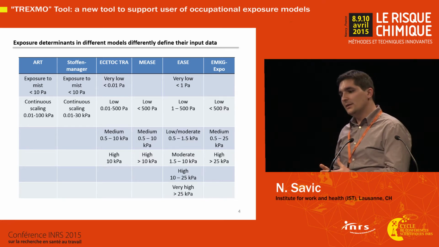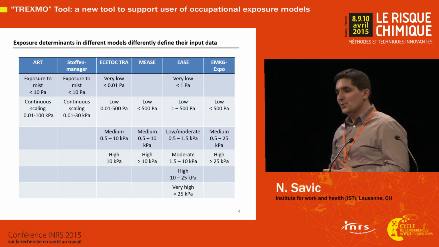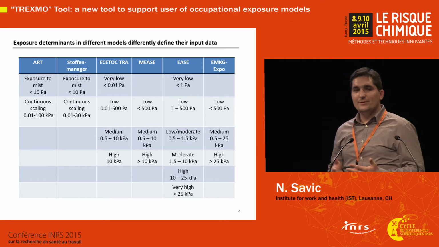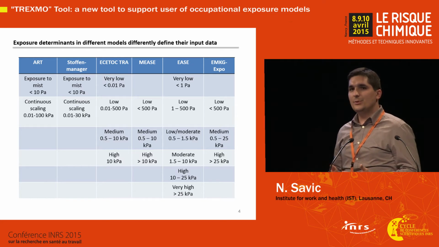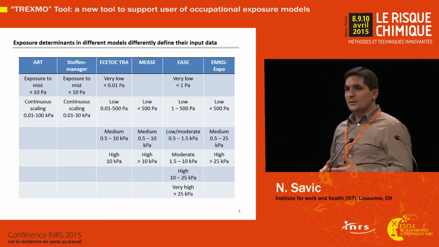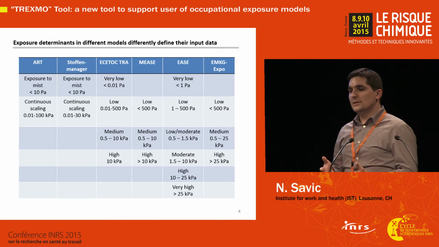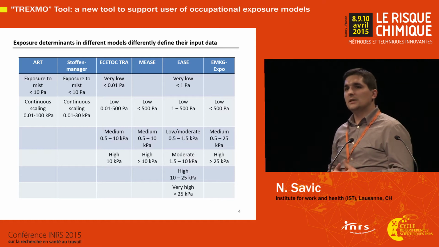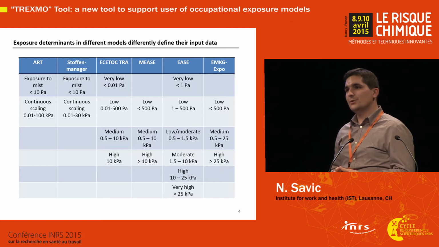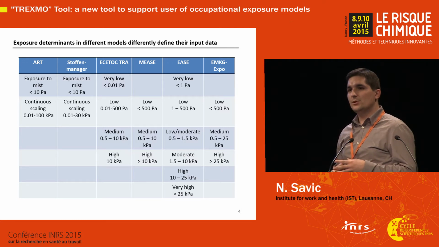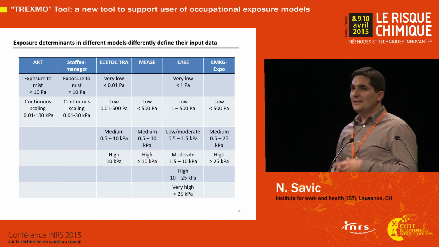And on the other hand, we have users that are different as well. They come from different industries, different jobs, and they have different experience in using these models. These two problems mixed together lead to the consequence that different users can describe the same exposure scenario within the same exposure model in different ways.